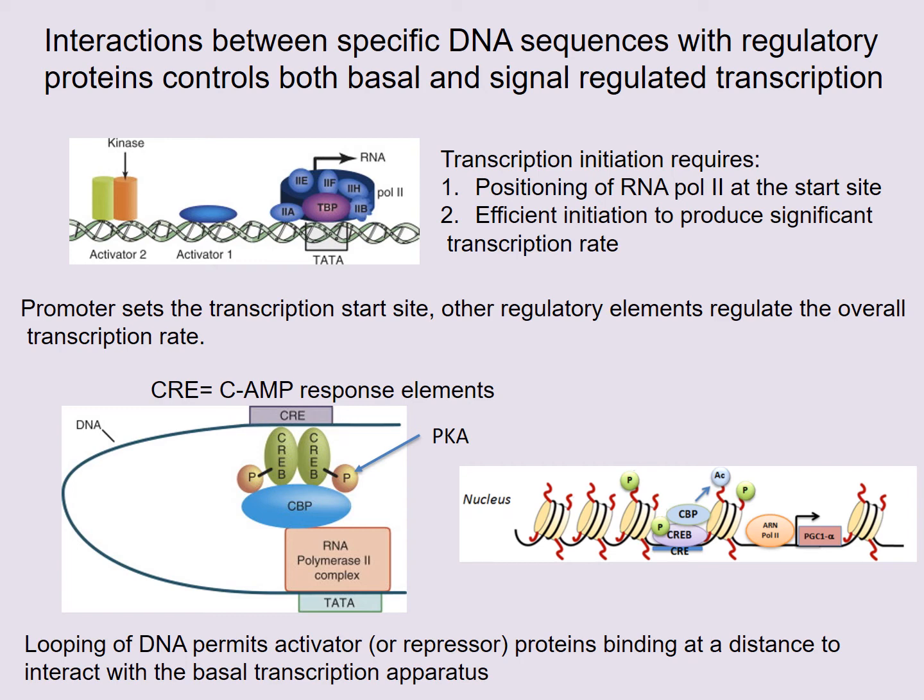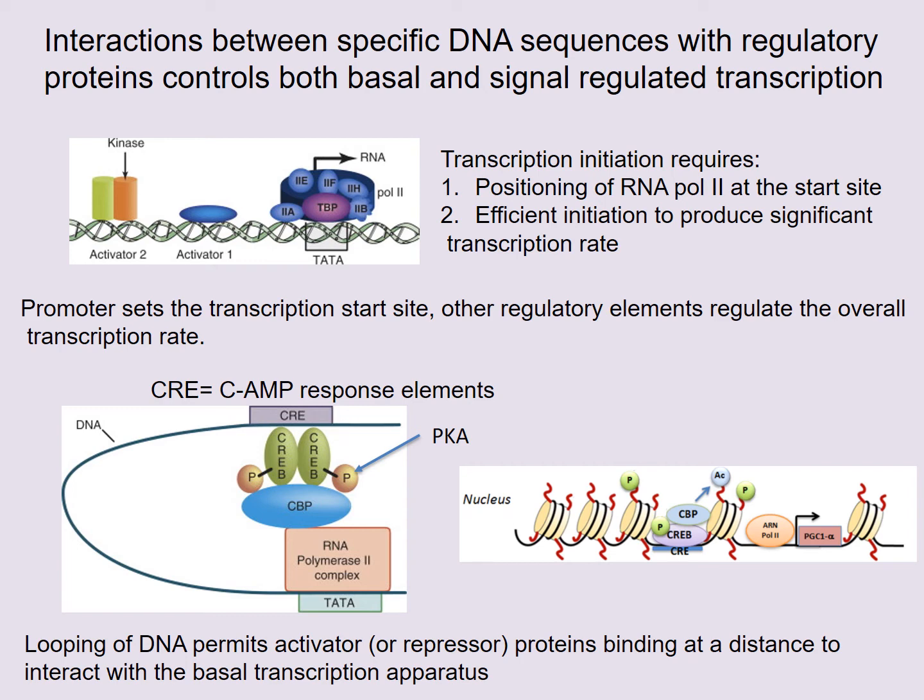But apart from that, you also need to achieve efficient initiation to produce a significant transcription rate for transcription really to occur. And that is usually done by these other regulatory elements, here represented as activator 1 and activator 2, which are further upstream from the start site, or from the TATA box as well.